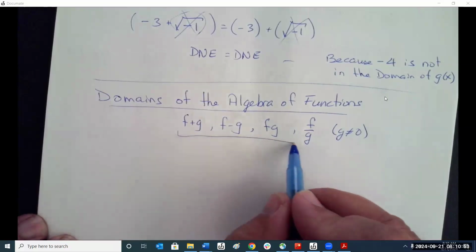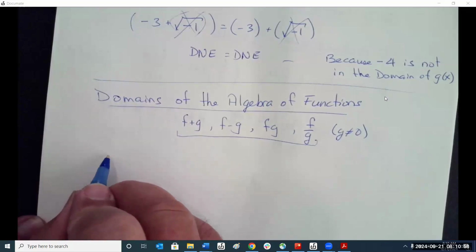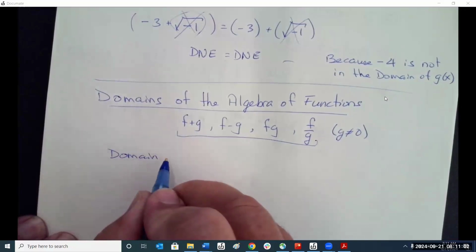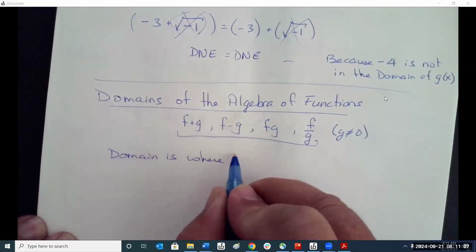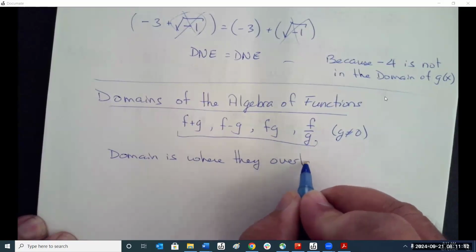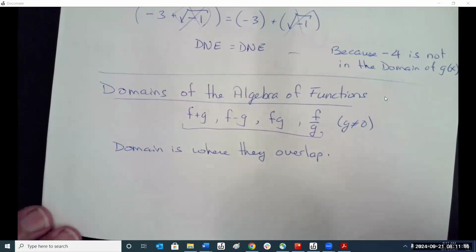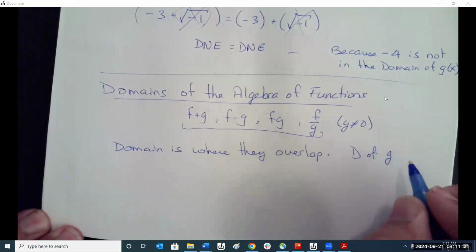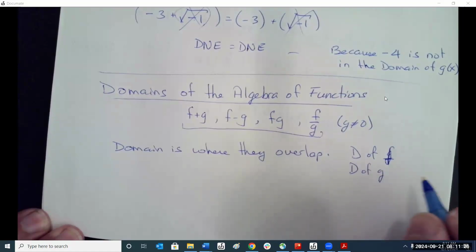So for all of these, the domain is where they overlap. In other words, the domain of f and the domain of g, wherever they overlap.